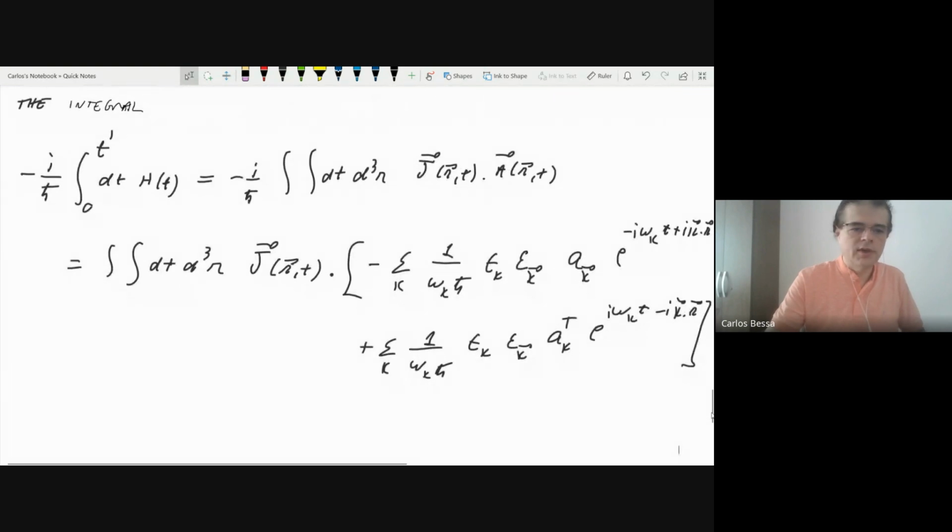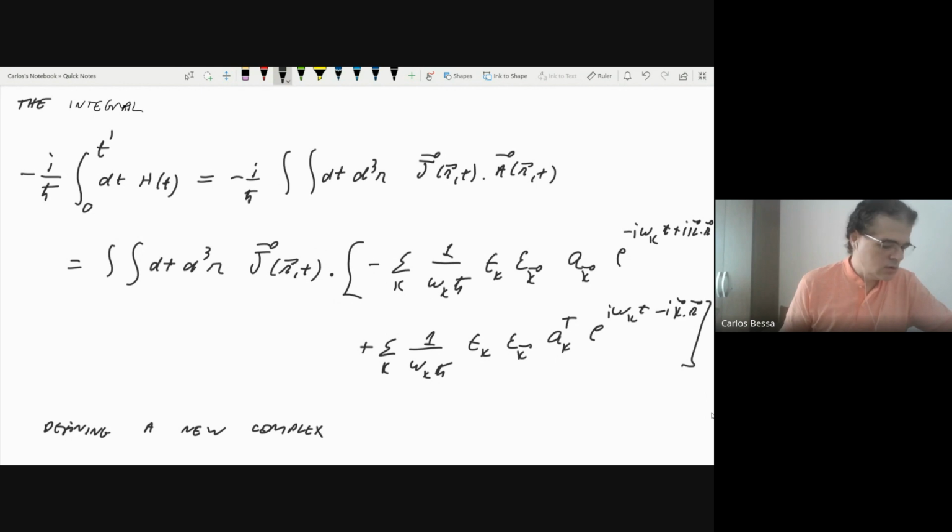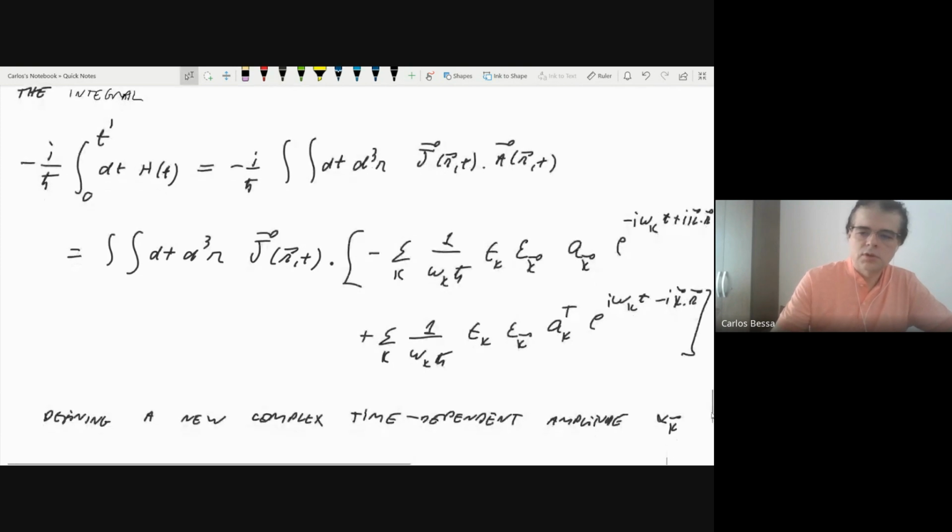Okay, so we can define here a new complex time dependent amplitude, alpha k. Okay, this is a new alpha k.